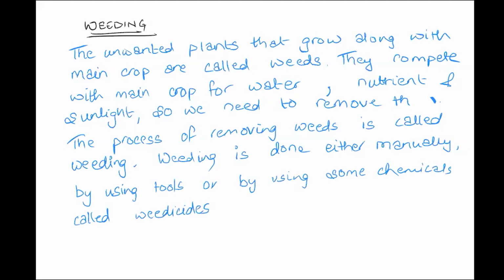So if you write this much, it will be enough for you. Ansha said that they may interfere in harvesting and can be poisonous for animals and humans. That is also absolutely correct. You can add that to this answer.